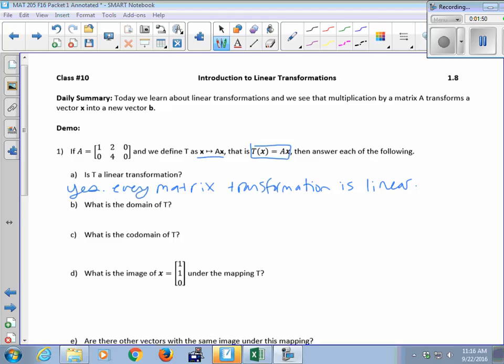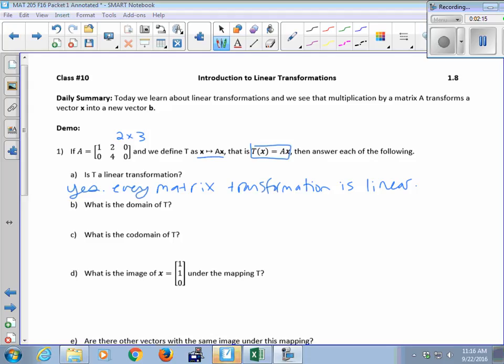So let's think of what are the dimensions of A? 2 by 3, right? So if I'm going to multiply A by a vector, what does its dimensions have to be? 3 by whatever in order to be able to multiply them, but if it's a vector, then it's 3 by 1.